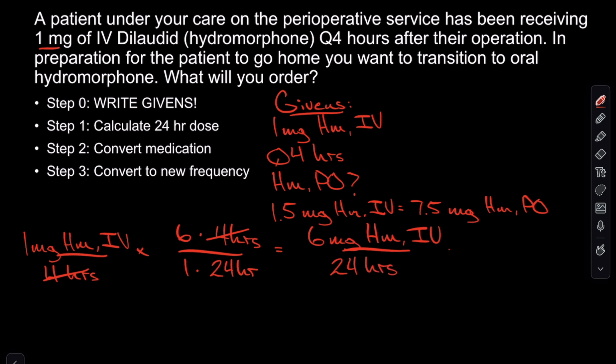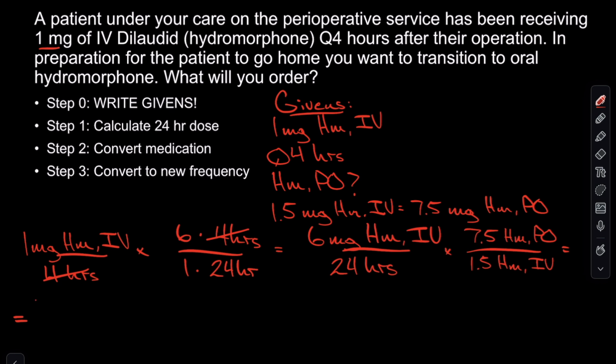Now we need to convert from IV hydromorphone to PO hydromorphone, and we have our conversion right here. So we have 1.5 milligrams hydromorphone IV is equivalent to 7.5 milligrams hydromorphone PO. And we'll bring that down here.